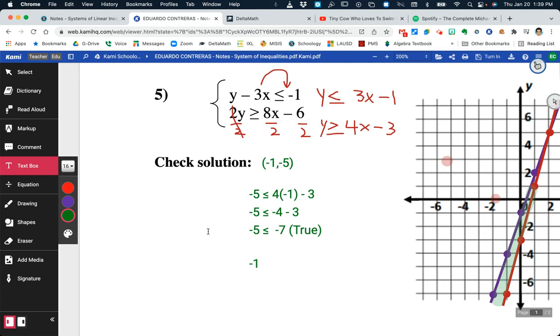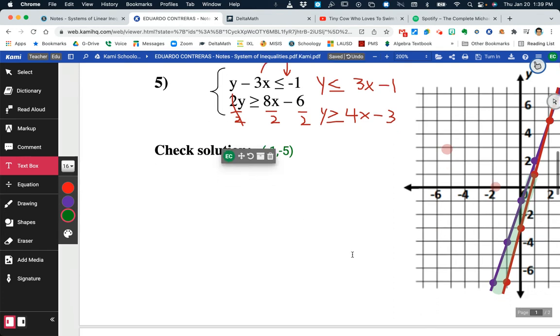Yeah, it should be greater than. Where did we go wrong? Oh, right. Okay. Well, at any rate, we're kind of burning up time. Let's just move forward, guys, because I want to get through a few more.